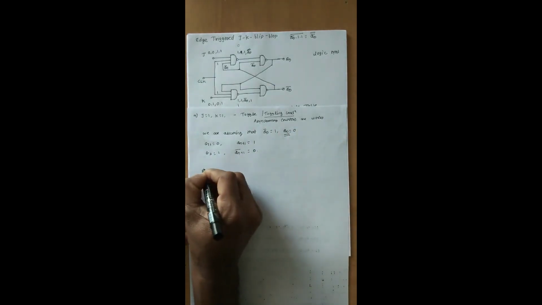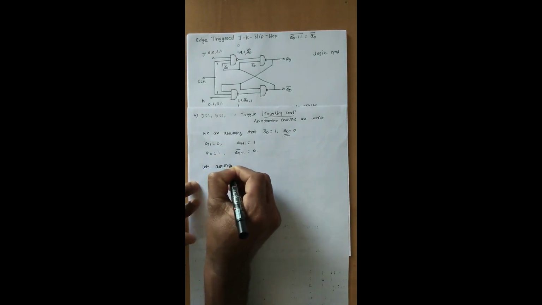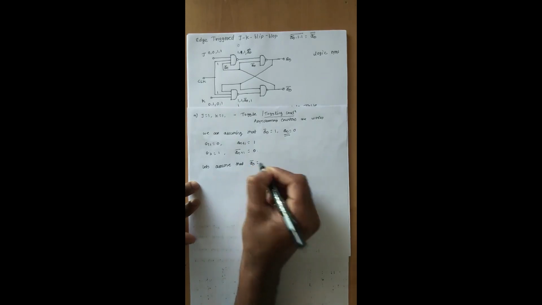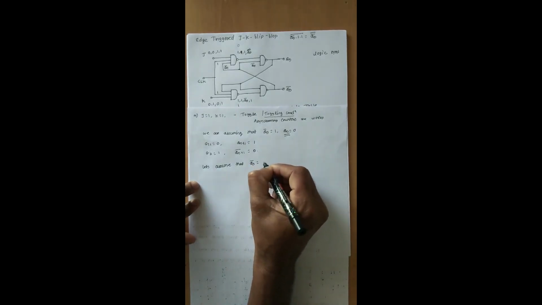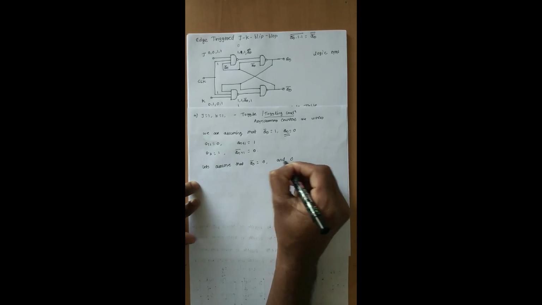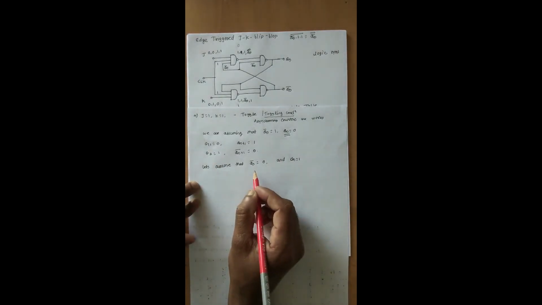Let's assume that Q of n bar right now is 0 and definitely Q of n will be 1. So find out the values for the respective gates.